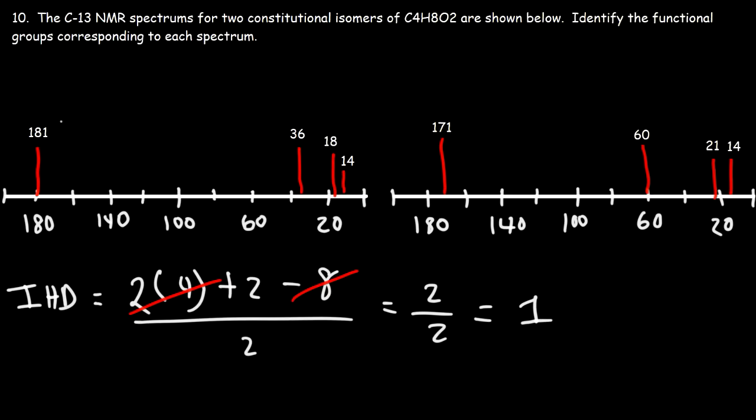Now in both cases, we see a signal between 150 and 220. So that's going to be the carbonyl functional group. And so that's going to be our double bond in this situation. Now we don't have any alkenes or any benzene rings.